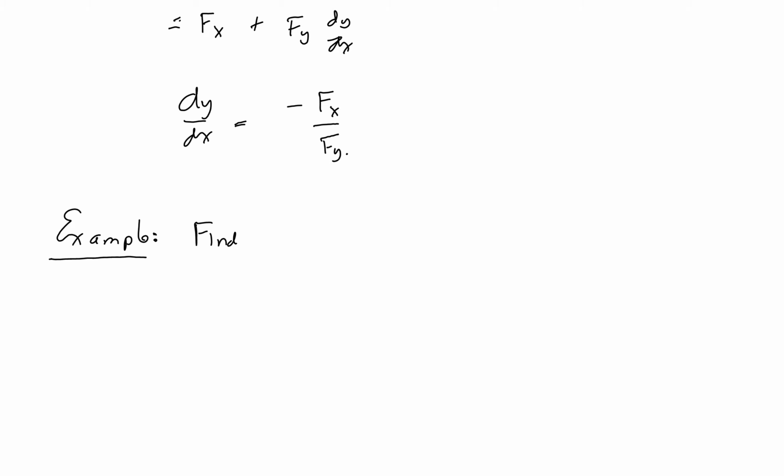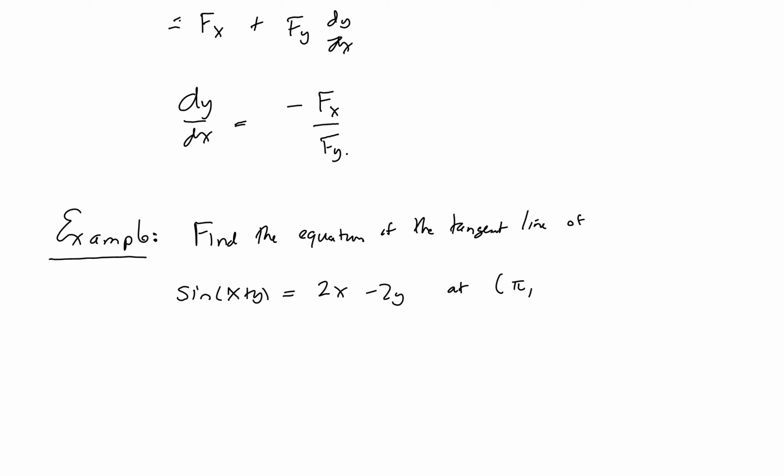Let's find the equation of the tangent line of sine of x plus y equals 2x minus 2y, and we want this at the point pi, pi. We can check. If we plug pi in for x and pi in for y, we get 0 on each side, so it satisfies this equation.